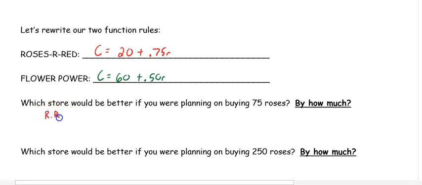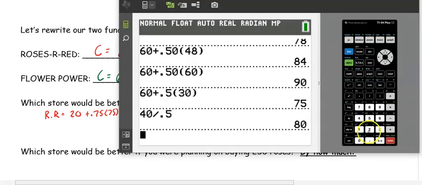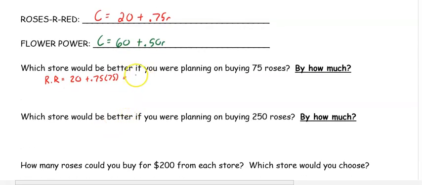So Roses Are Red would cost us $20 plus 0.75 times 75 roses. So in our calculator, 20 plus 0.75 times 75 would give us a cost of $76.25.